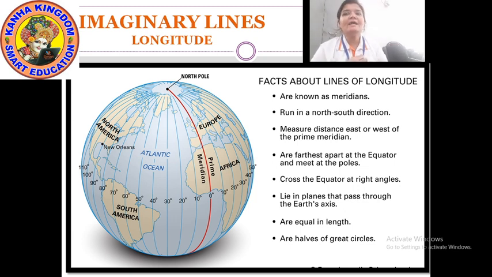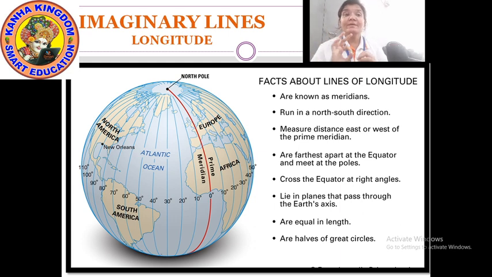I will show you that when I show you the difference between the latitude and longitude. So it will be more easy for you to understand. But first, try to understand separately. Okay? Now, the measuring distance was from north to south in latitude.